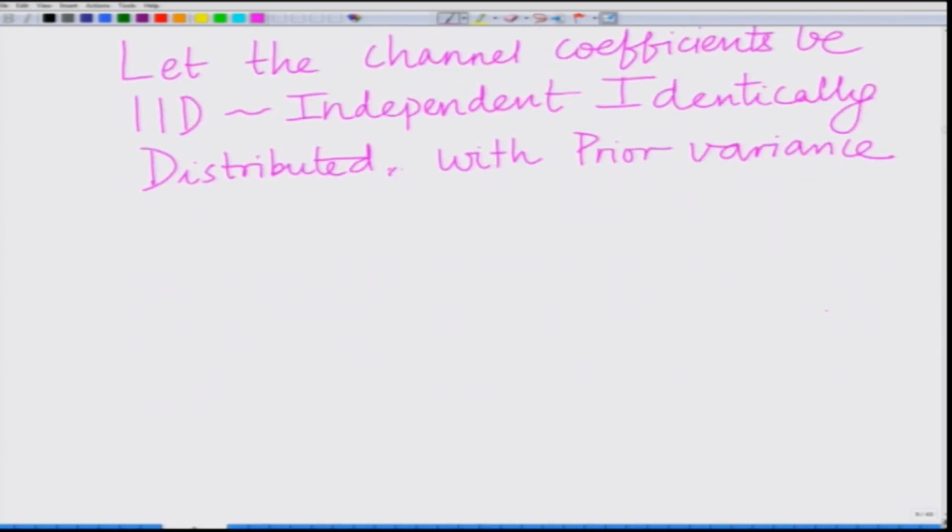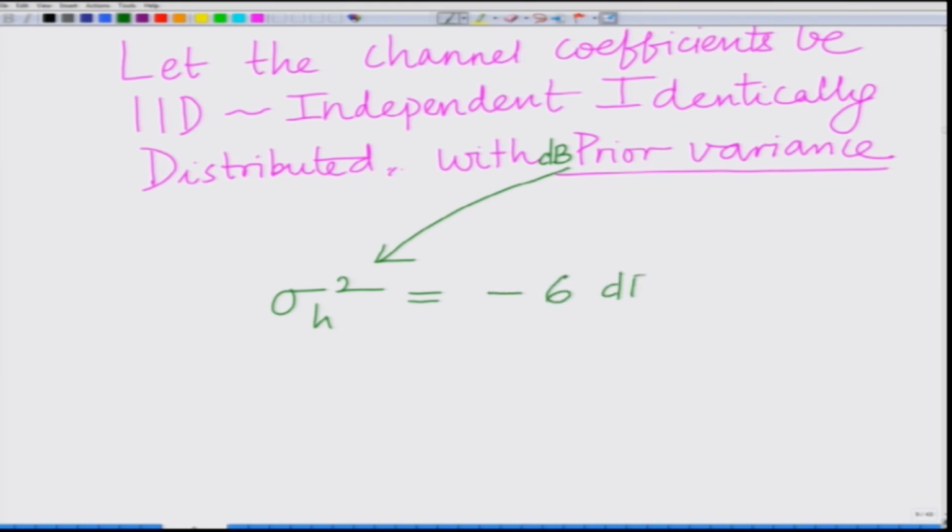Remember, this prior variance we are denoting by sigma h square, or let us say in dB, prior variance sigma h square equals minus 6 dB.